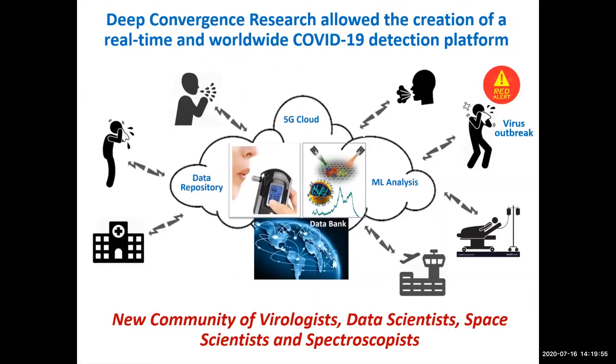So we have an NSF grant on Convergence, and this is the vision that we have for the whole thing, right? So we can really have fast testing, and you have a 5G cloud where you can process what is coming from these cartridges with your Raman spectrometer. You can really monitor, let's say, hospitals, airports, people, and you can maybe build a database at the worldwide level.